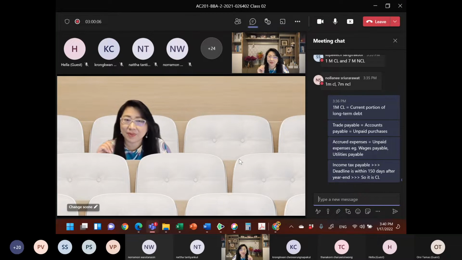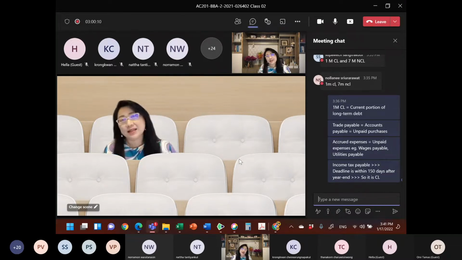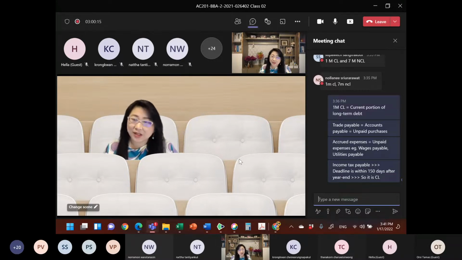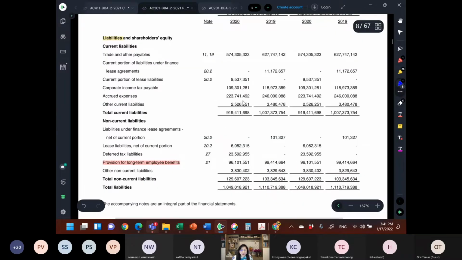You would have to pay tax for the corporation within 150 days after the year end. So it's within a year, right? This is part of the current liability.